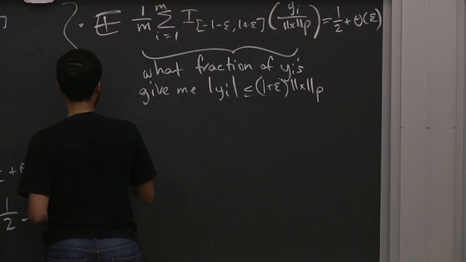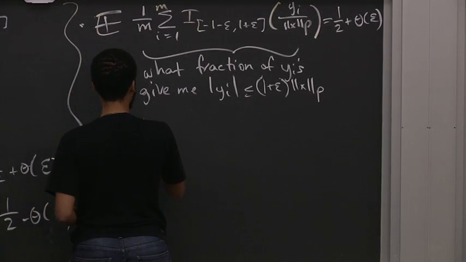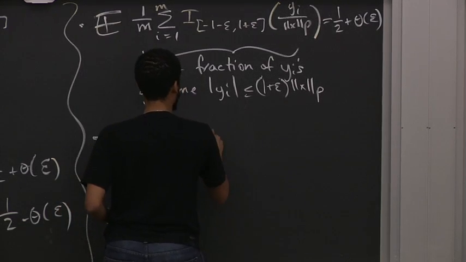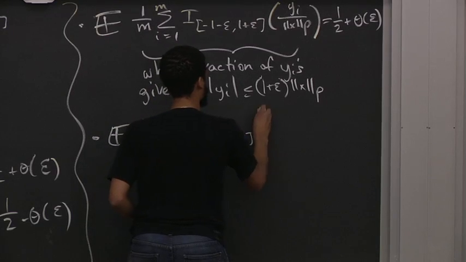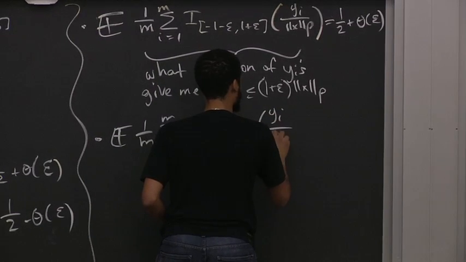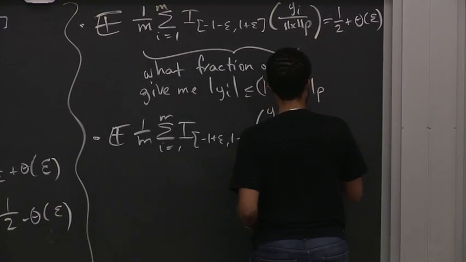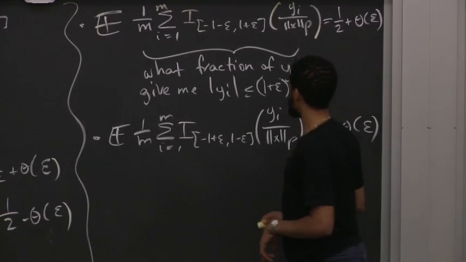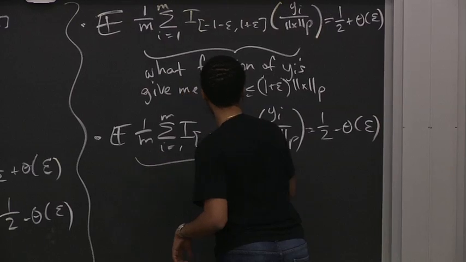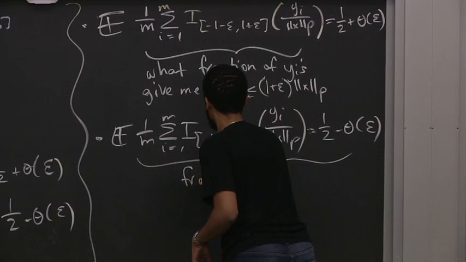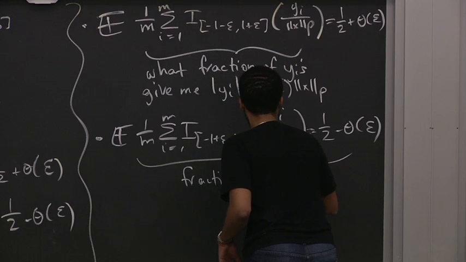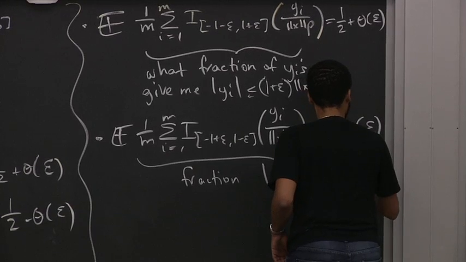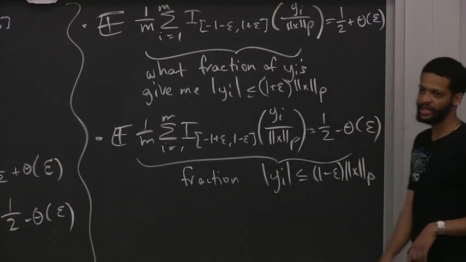Similarly, in expectation, if you look at this expectation, right, this is what we just calculated over there. Here the fraction of i giving me yi is less than or equal to 1 minus epsilon times the LP norm. Right?